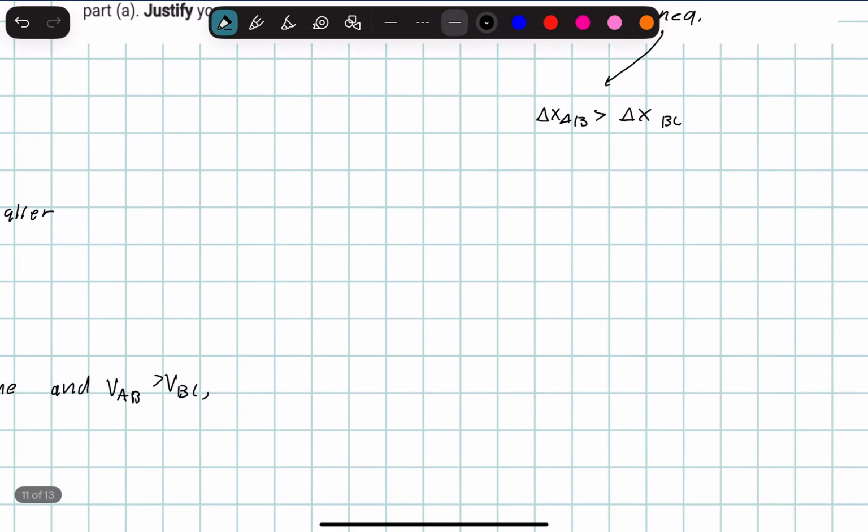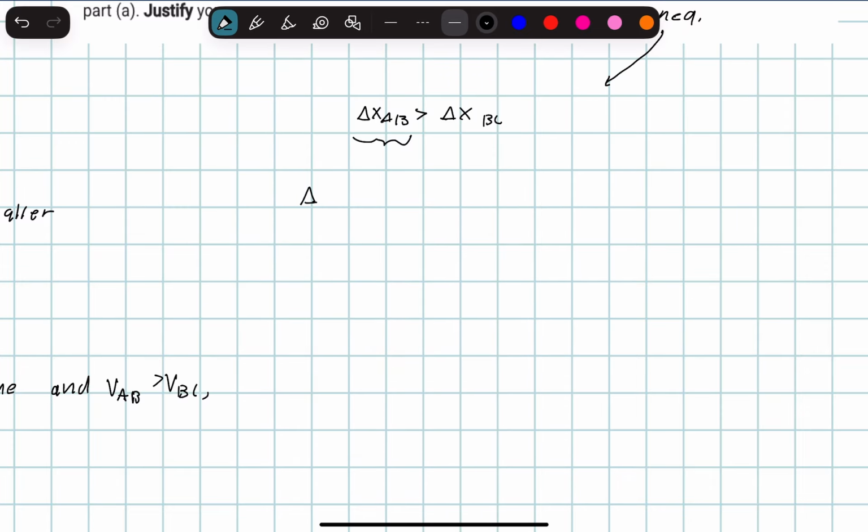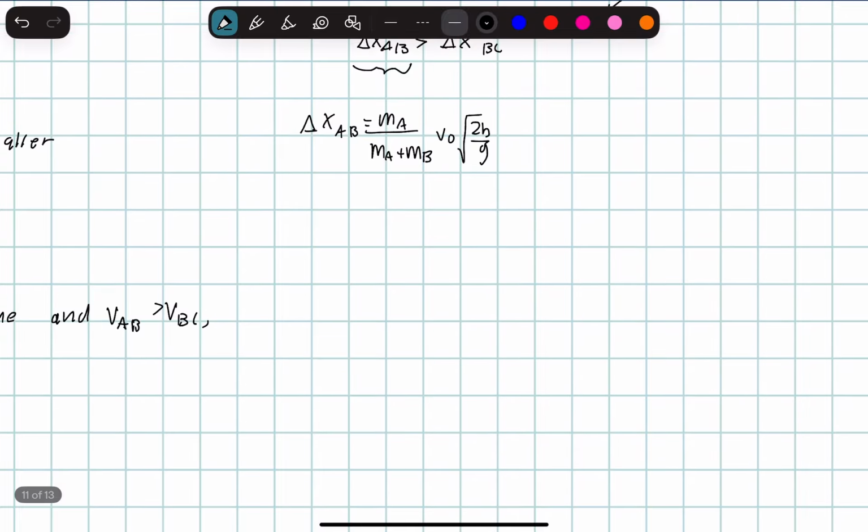Now, our expression from part B was delta x AB is equal to MA over MA plus MB times V initial times the root of 2H over G. We know that all quantities except the mass term are the same for both cases.